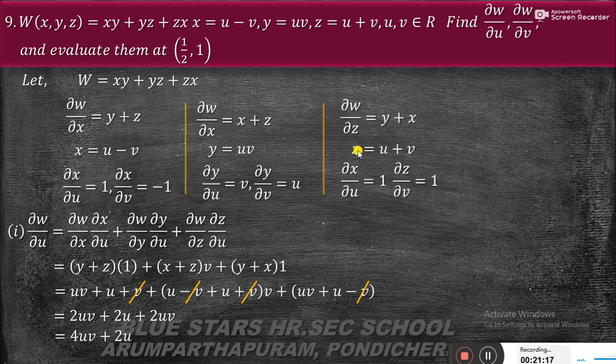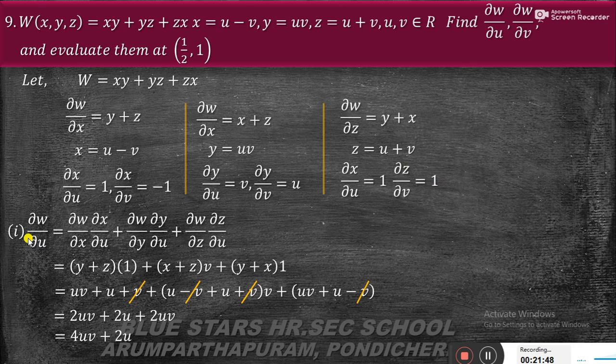Therefore we write z equal to u plus v. So we calculate dou z by dou u. Derivative of u is 1, and v has no u term, so it is 0, so 1. Next dou z by dou v is 1.